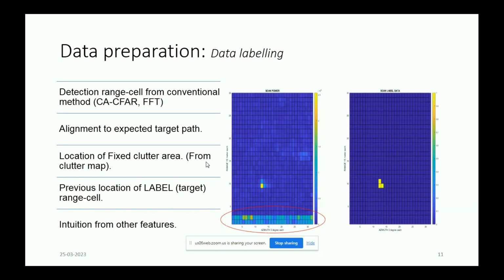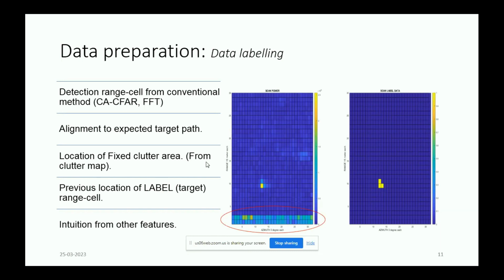The detection range cell from the conventional method CFAR itself is a big factor in deciding whether it is a target or not, but we also took into consideration the alignment of the expected target path, which is our control target.